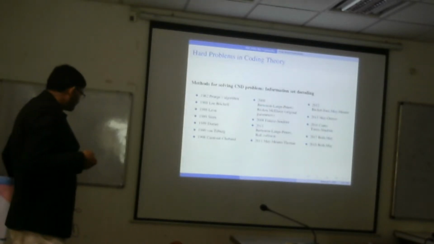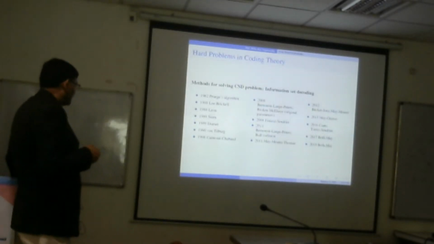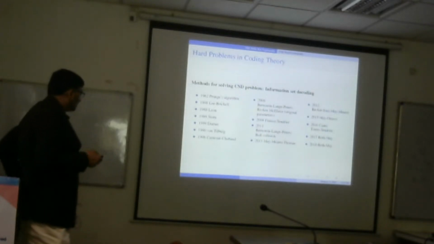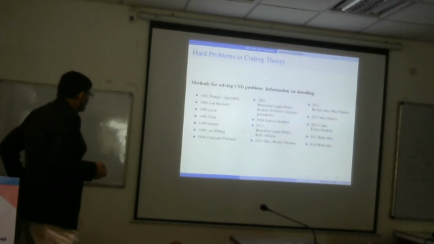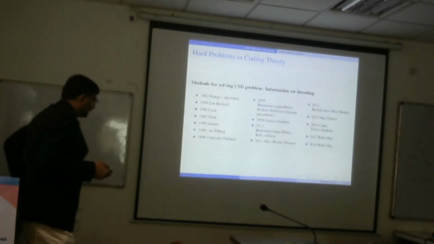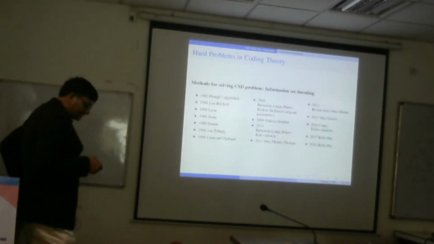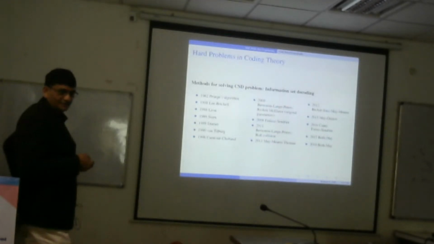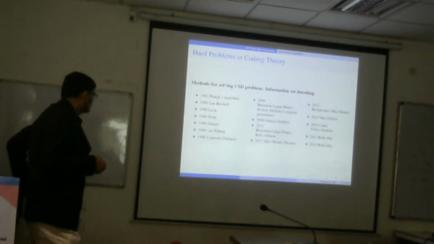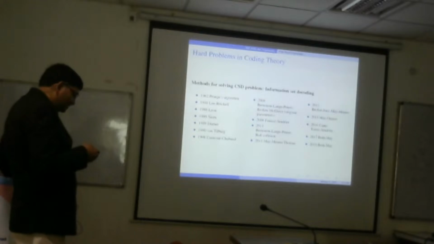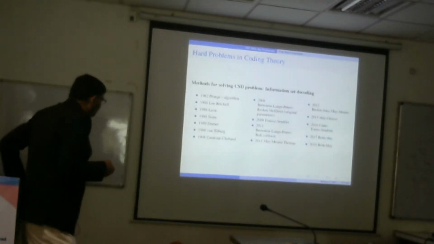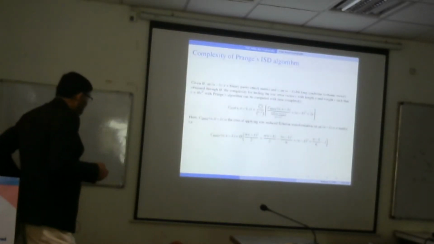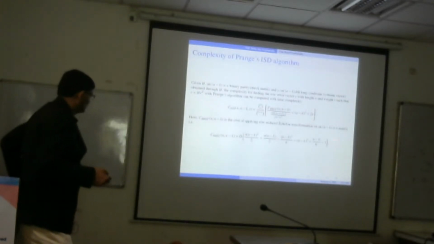To find the error we use this algorithm, and that is how public key crypto systems based on coding have been designed. Almost all these information set decoding algorithms are exponential, and you can see this is the complexity of the algorithm.